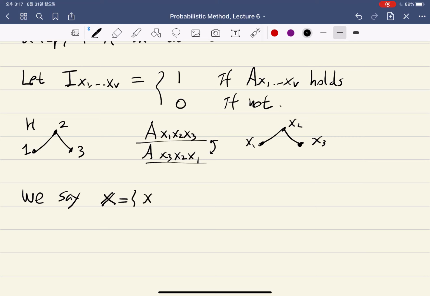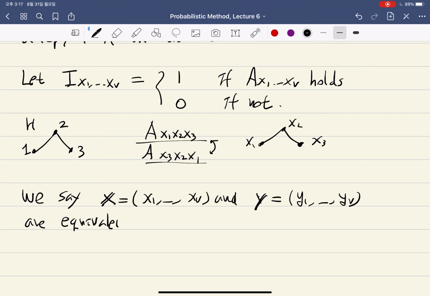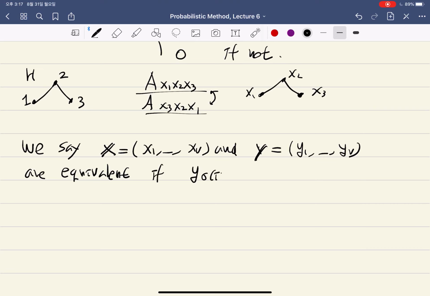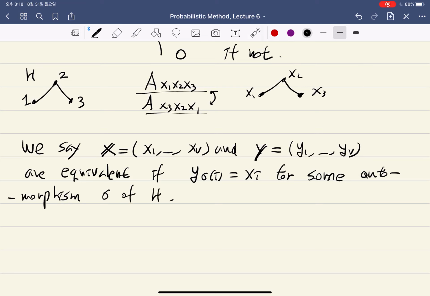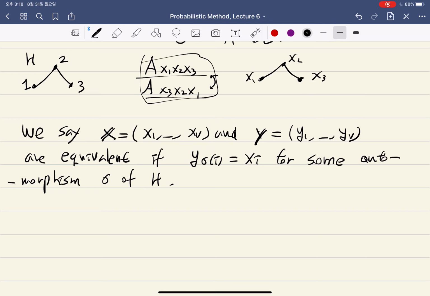So X = (x1 to xv) and Y = (y1 to yv) are equivalent if y_{sigma(i)} = x_i for some automorphism sigma of H. These two are the same event, so we make these ordered tuples equivalent.